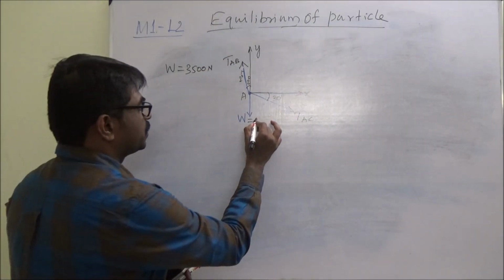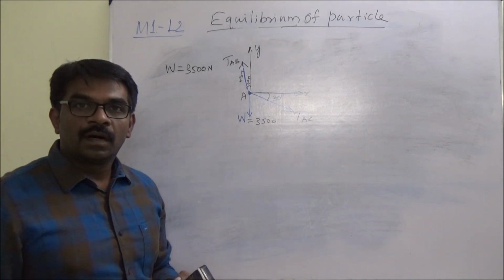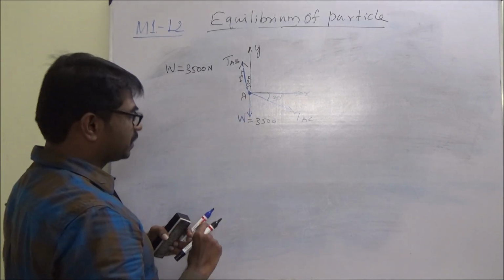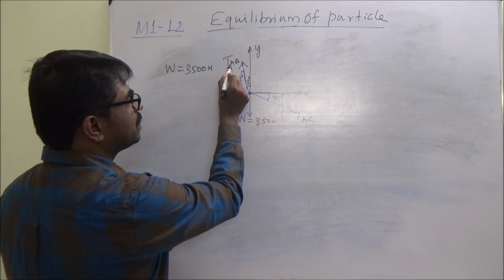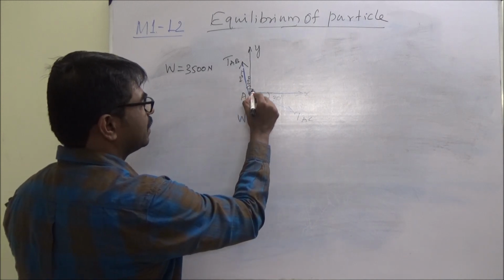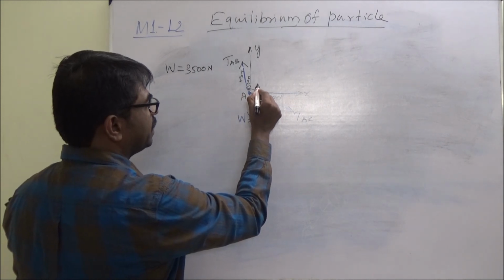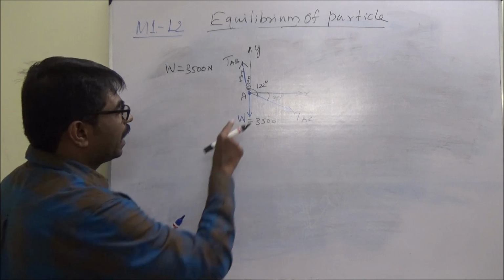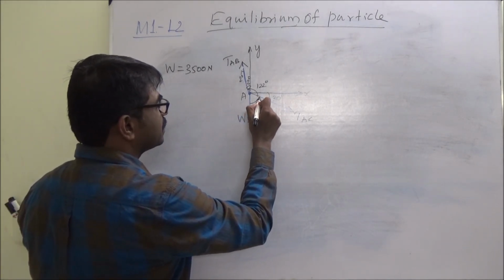Now using Lami, we can find out the angles. This angle is 90 degree. So the angle between TAB and TAC is 32 plus 90, 122 degree. And this angle 90 minus 30 is 60.